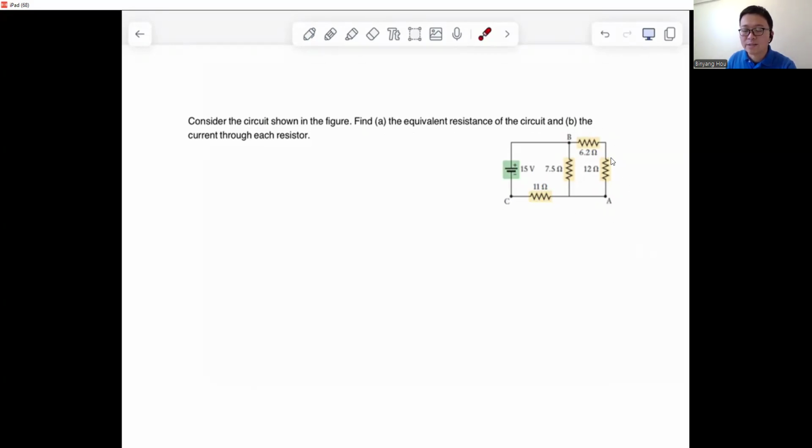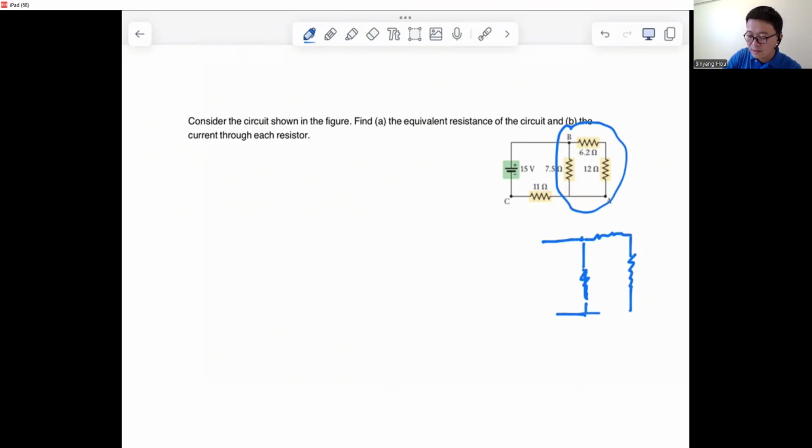Now inside this part over here, maybe just look at it one by one. If we look inside this part, you can actually break it down like this: at this point B, there's this 6.2, and then there's this 12, and then there's this 7.5, zigzag there. Okay, so this will be where the potential will be applied. So 6.2, 12, and then 7.5.